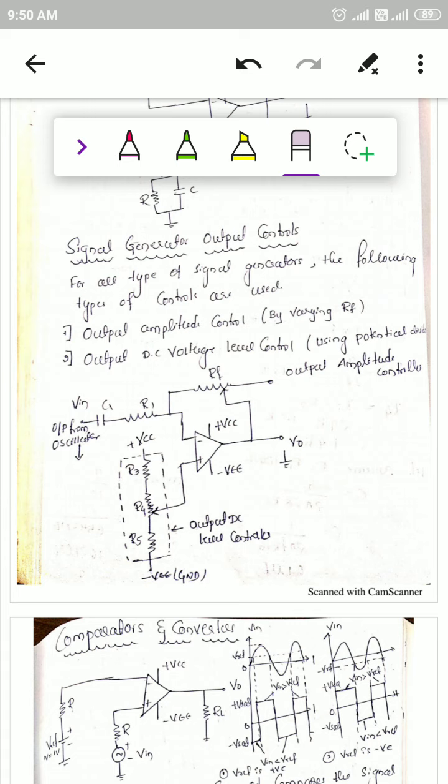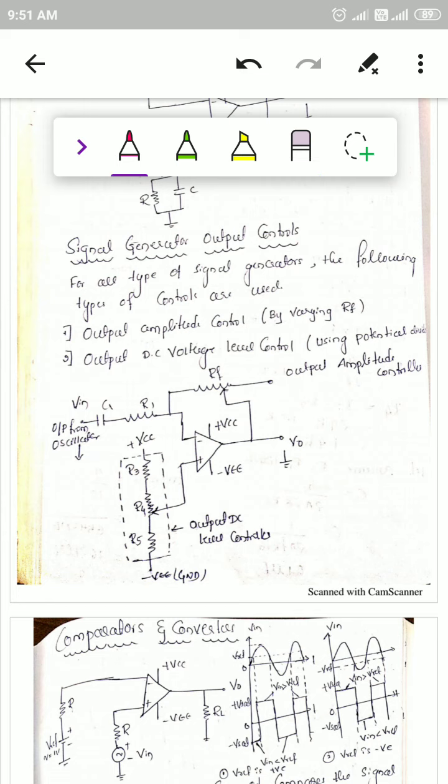The output of this is given to the input of your generator output control network. If you want to control the amplitude of the signal, you have to vary this RF, that is the feedback resistance. If you want to control the DC output voltage, you have to vary this potentiometer; R4 is your potentiometer. By varying the resistance of R4 we can control the output DC voltage.